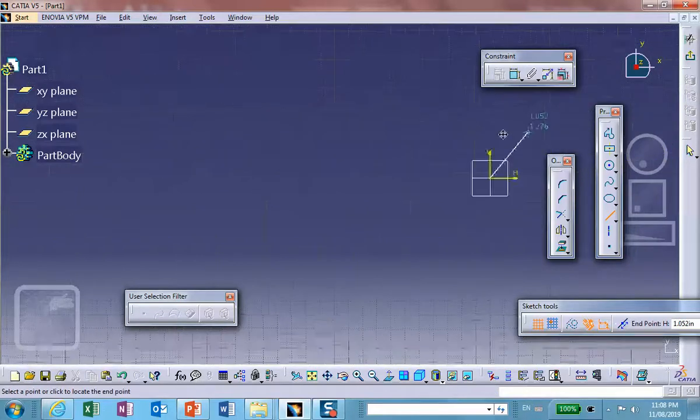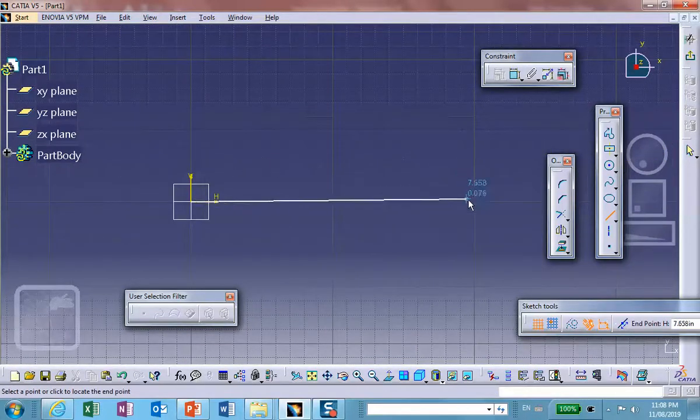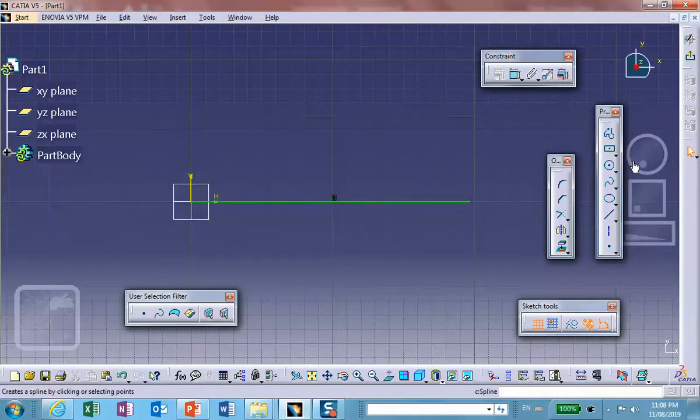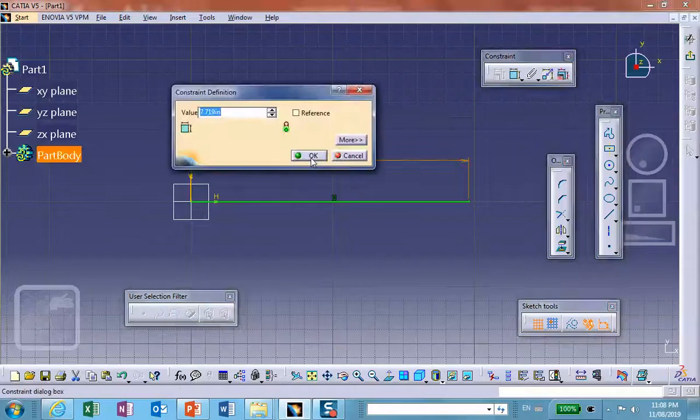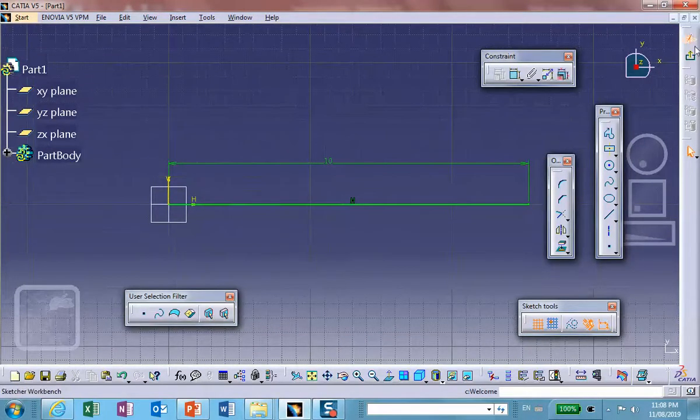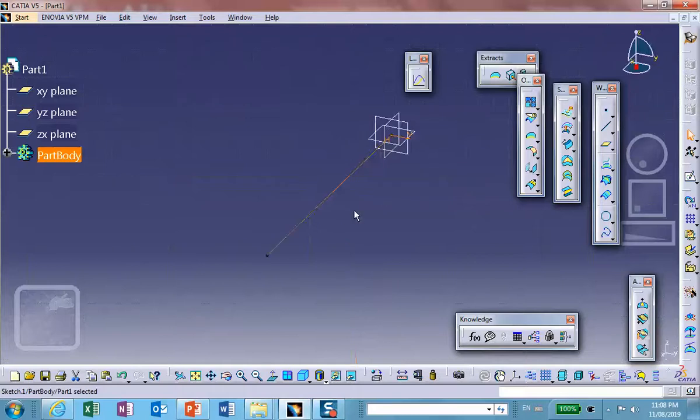All right, and exit. Now remember, because I'm doing this in a sketch as opposed to a wireframe, a line like that, I need to join this, otherwise I won't be able to mesh it with beam elements.